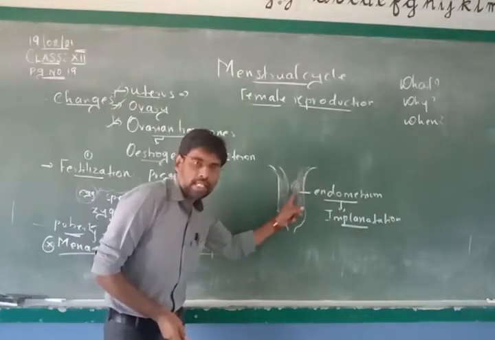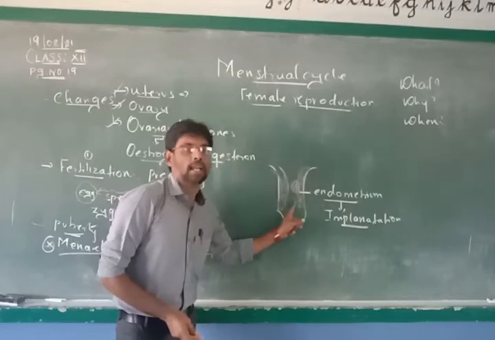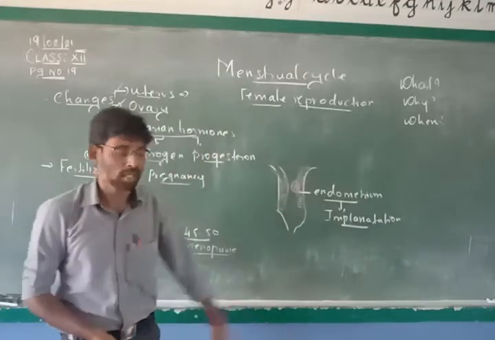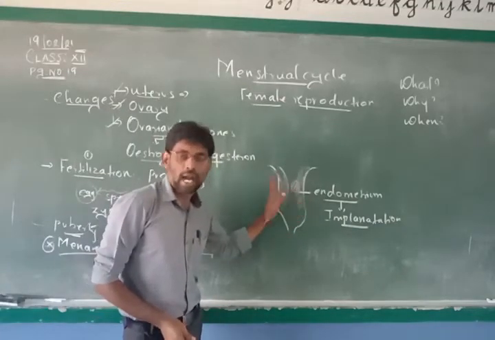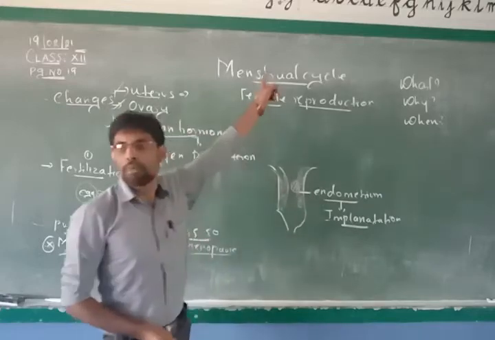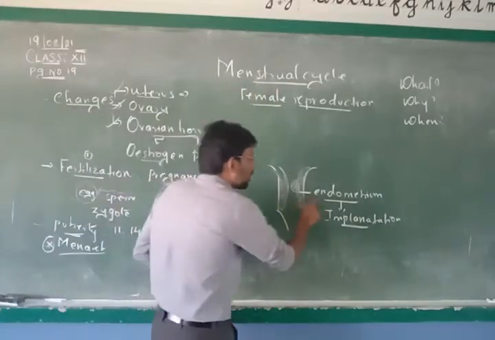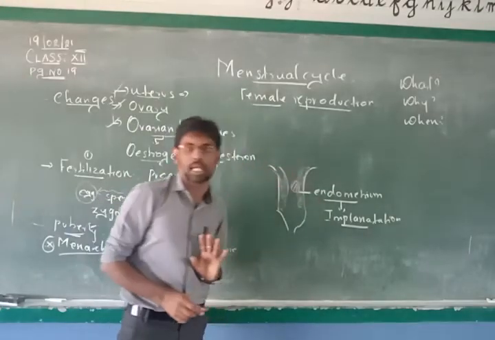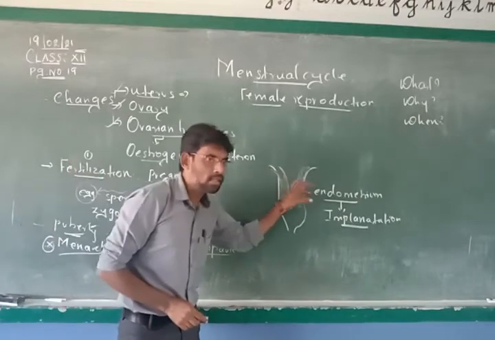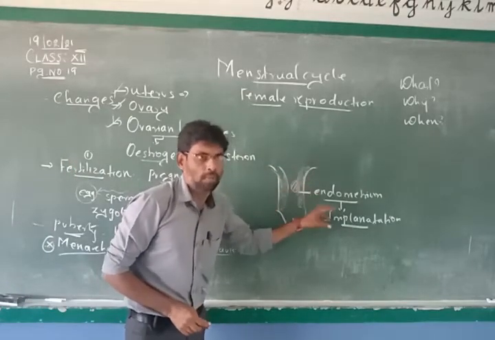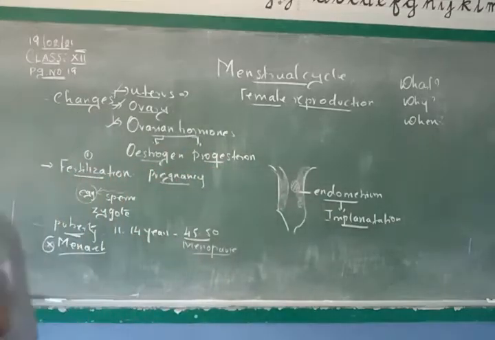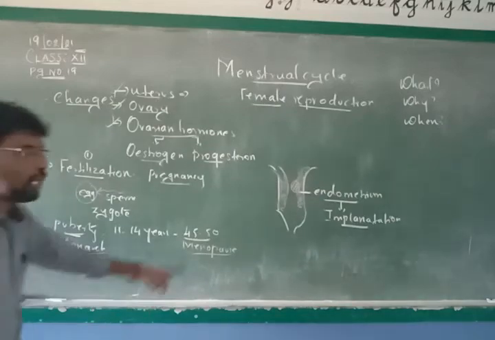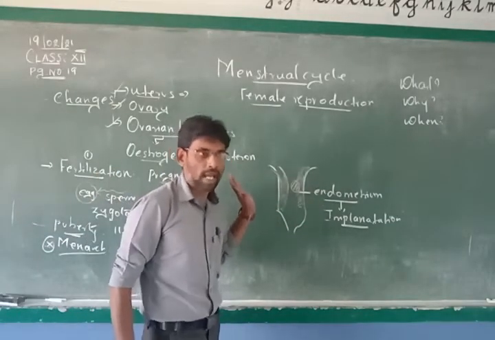If it is fertilized, it will remain there for 9 months for pregnancy. If it is not fertilized, it will go out through the menstrual cycle. So the role of the endometrium is implantation, the fixing of the ovum into the endometrium. Egg fixing to the membrane called endometrium, that is what implantation is. Now you know the role of the endometrium. Where is it? It is in the lining of the uterus.